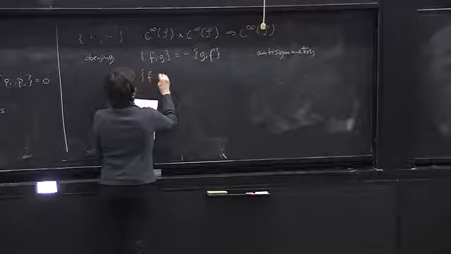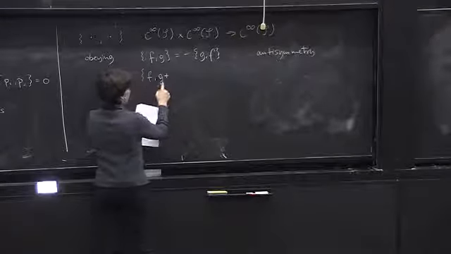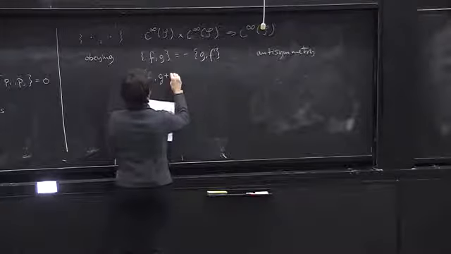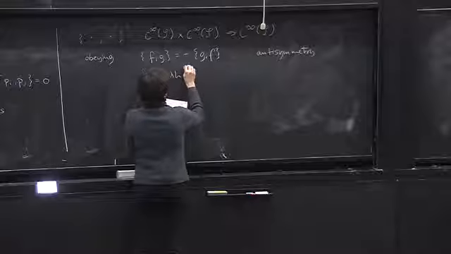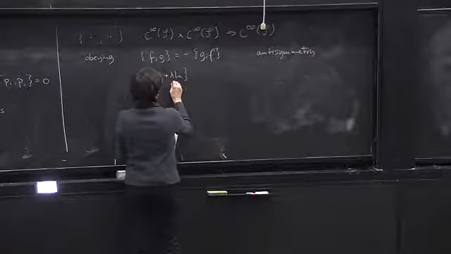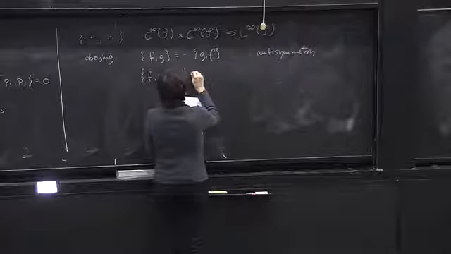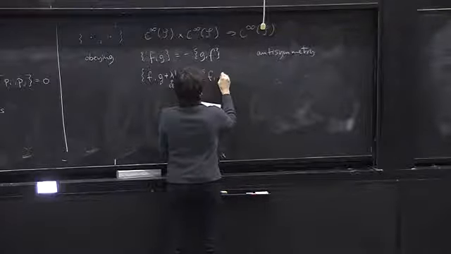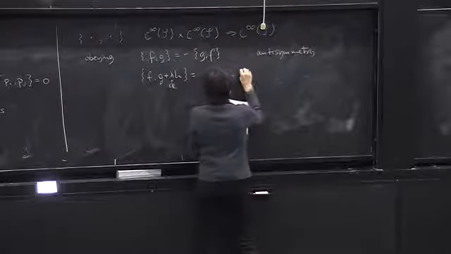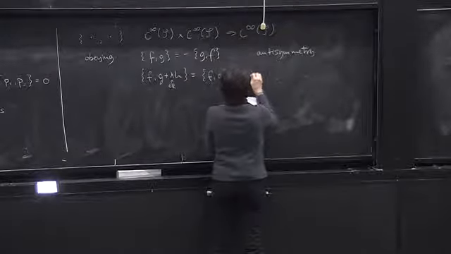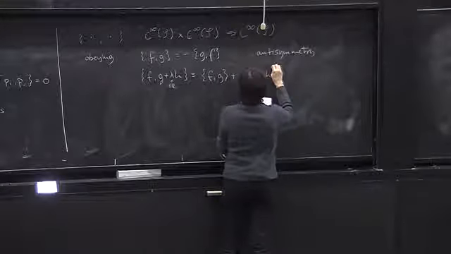So for example, let me just write it this way without loss of generality. If the second argument here is some function g plus lambda h, where lambda is just a real number, then this is the same as f Poisson bracket with g plus lambda f Poisson bracket with h.